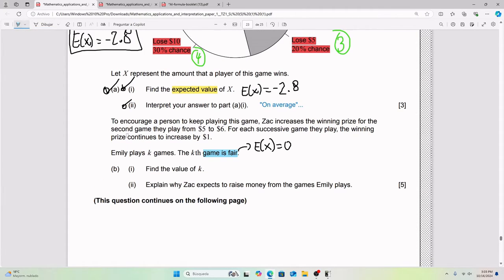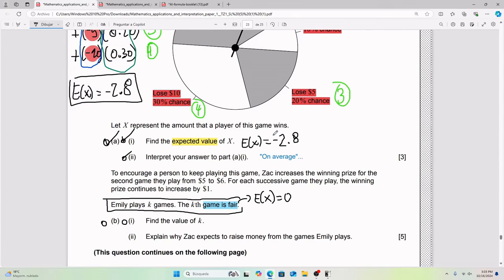And our good old friend Emily plays K games, and they tell us that the Kth game is fair, and for part B I we need to find the value of K. So, a little bit hard to interpret, but if we take a moment and read it again, because for these exercises that are loaded with information, you should be reading it twice or thrice, not just once.